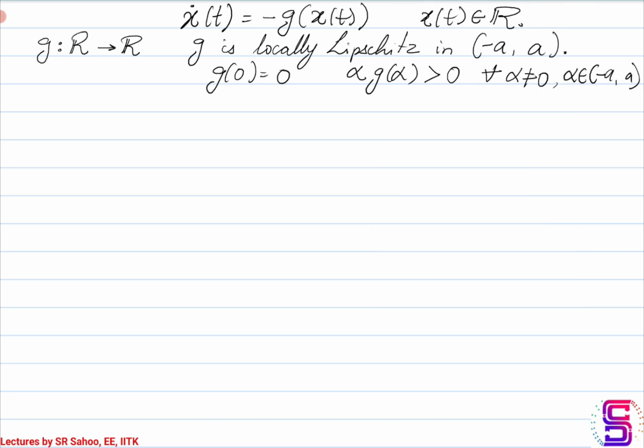Okay, so what we want to know is the following: is the origin asymptotically stable? This is what we want to know.